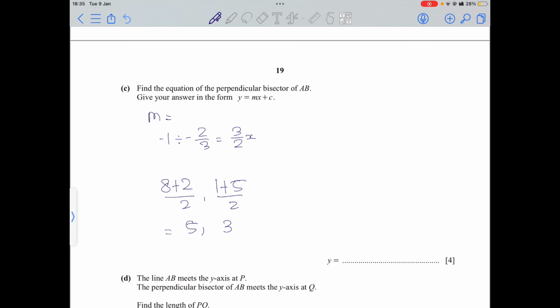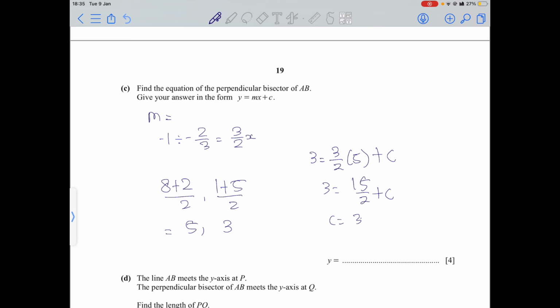So now I need that 3 is equal to 3 by 2 times 5 plus c. So 3 is equal to 3 by 2 times 5, 15 over 2 plus c.